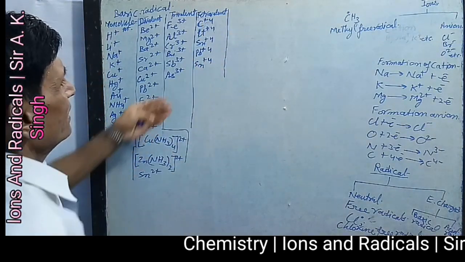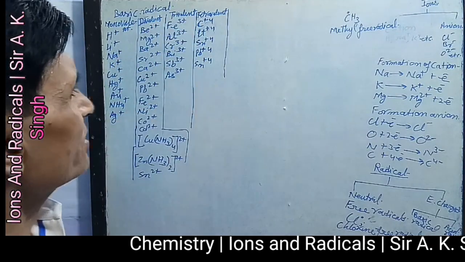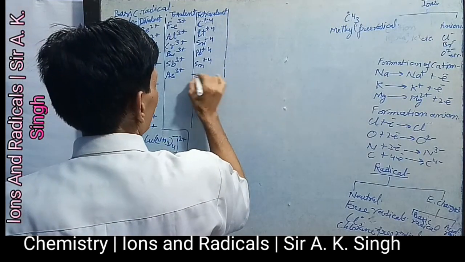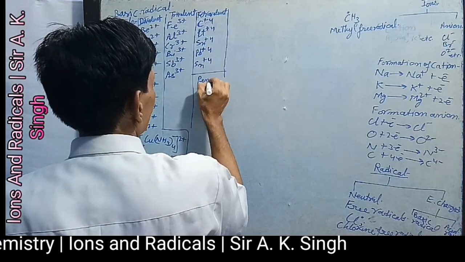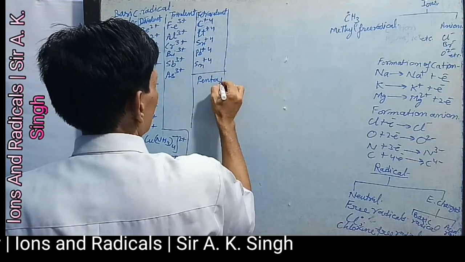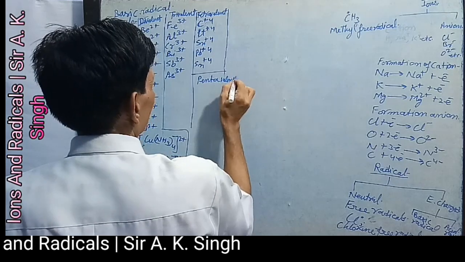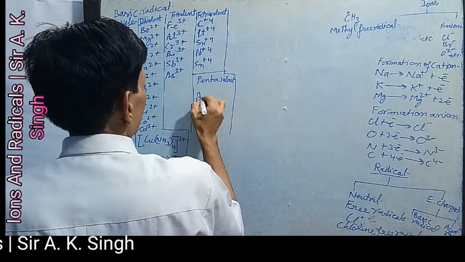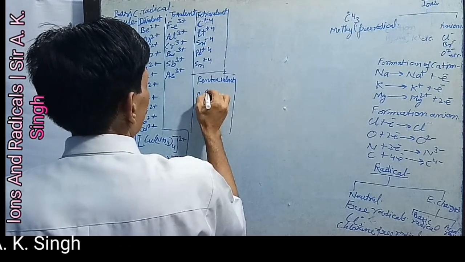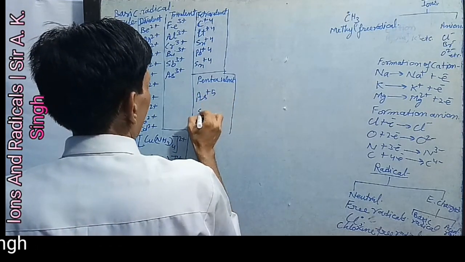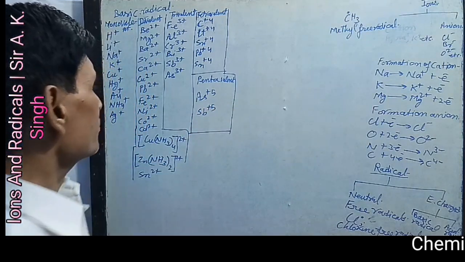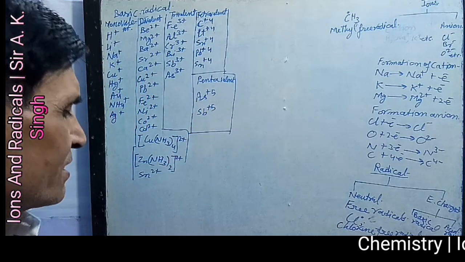These have 4 unit positive charges. Some examples I am telling you. Pentavalent, like here arsenic, antimony, like that. Few examples of pentavalent ions.